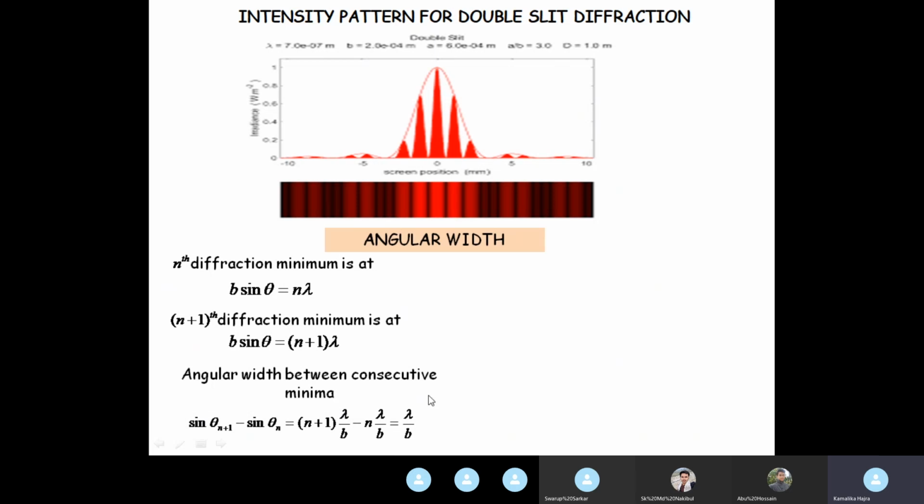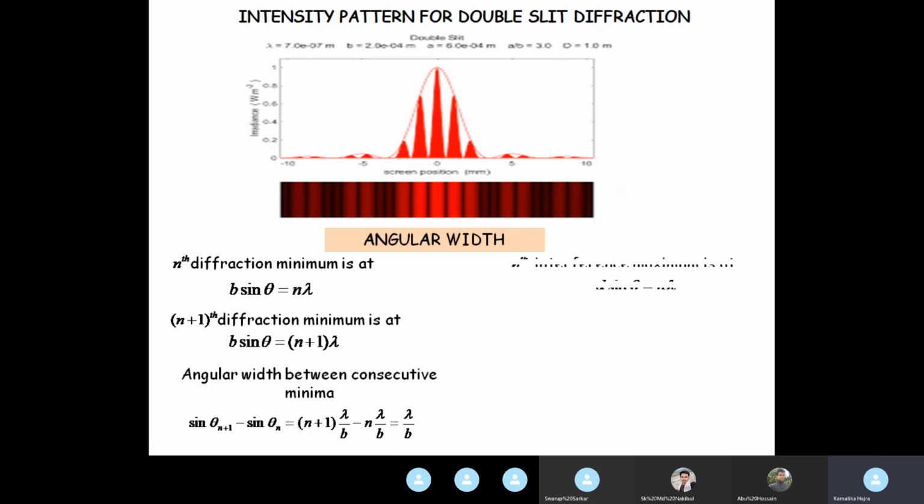So you see that this width is a constant. It does not depend on the order. For any two consecutive diffraction minima, lambda by b is the width of the angle between them. Alright. So theta, the angle between the two consecutive minima, is given by sine inverse lambda by b, or rather theta equal to lambda by b.